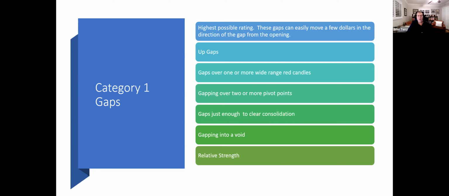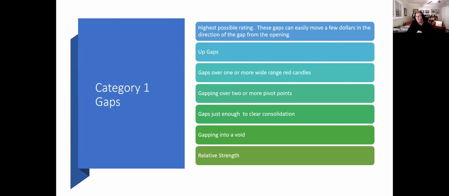In a category 1 up gap, the stock will gap over 1 or 2 big red candles on a daily chart. So if you look at a chart and see a couple of red candles and it gaps above that, that is what a category 1 gap would be. The second thing is that it gaps over 2 or more pivot points.